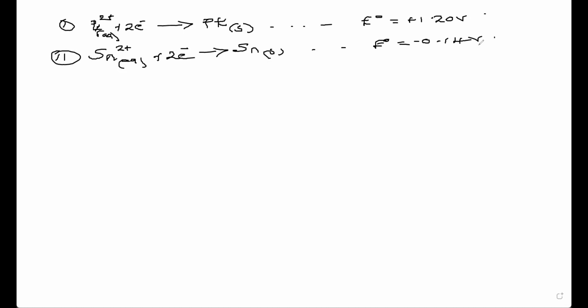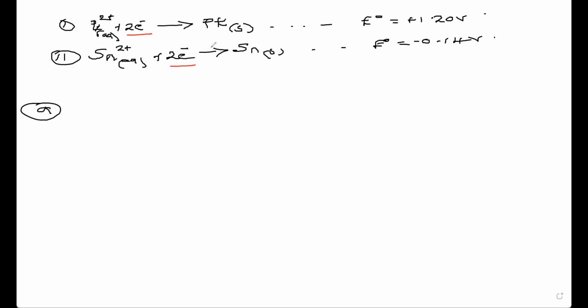Now, the first part is to find the overall reaction, or to write the balanced equation of the overall reaction. From the two half reactions, if you have observed very well, they are both reduction reactions. Why are we saying they are both reduction reactions? Because you can tell from the side at which the electrons are being added.